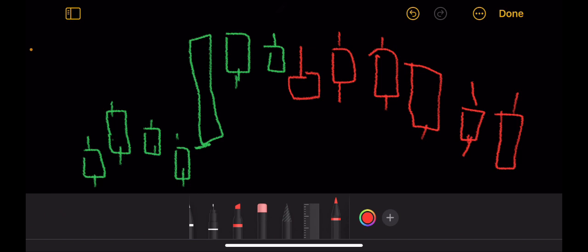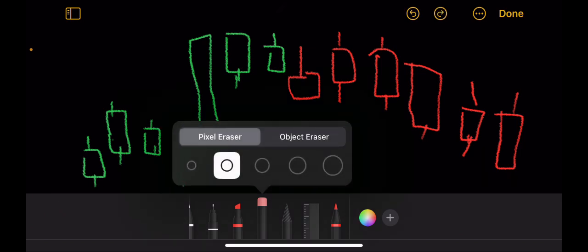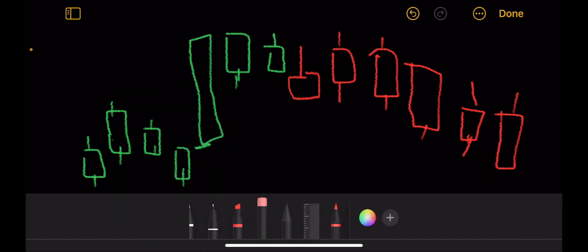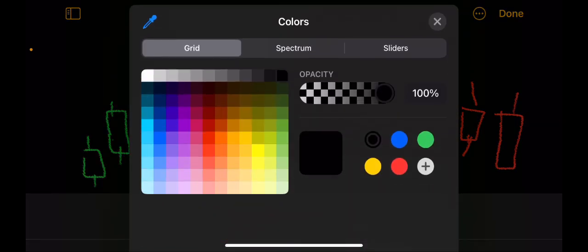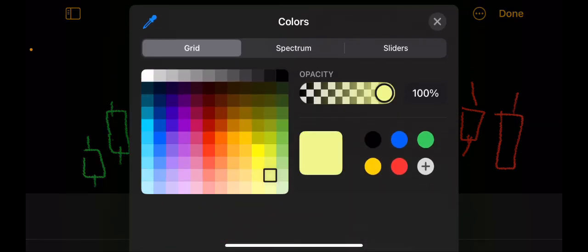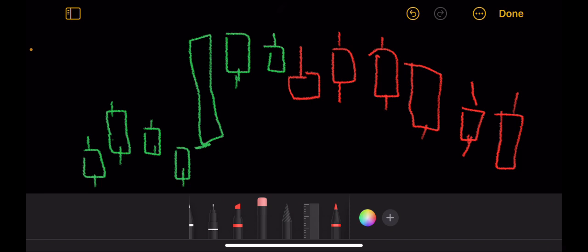Now, as far as trading it, this is how we're gonna do it.